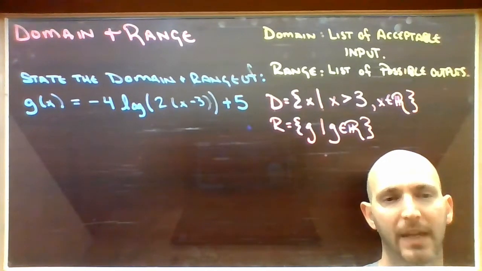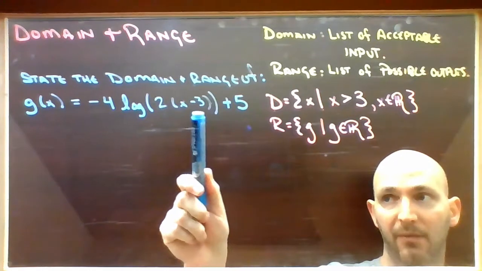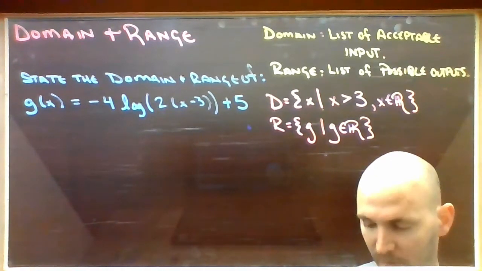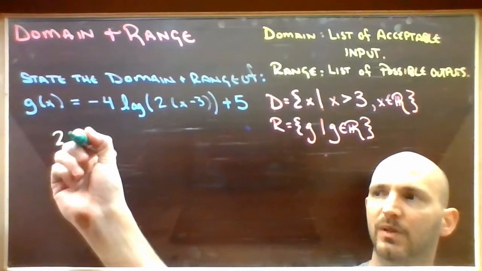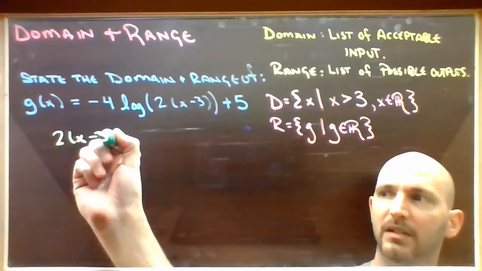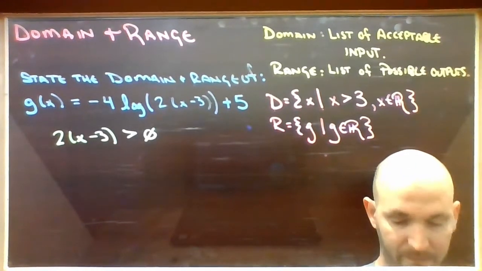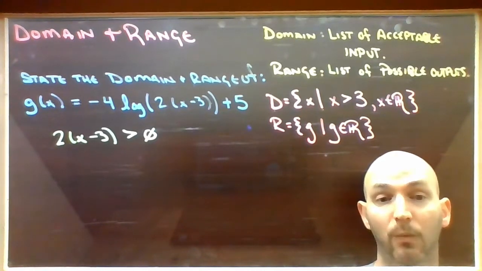As far as the domain is concerned, there's a thing about logarithms where everything in the guts has to be greater than 0. So if I write that down, that 2x minus 3 has to be greater than 0. Because a logarithm can't work on 0.